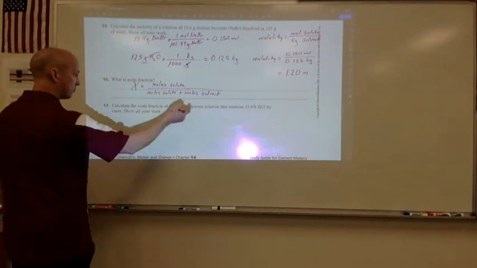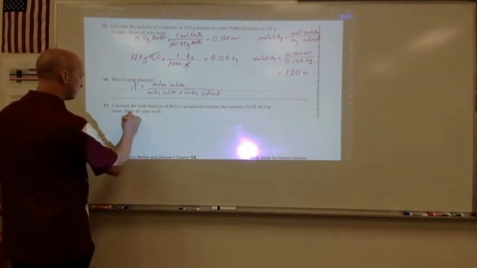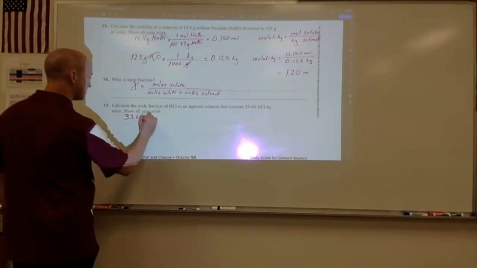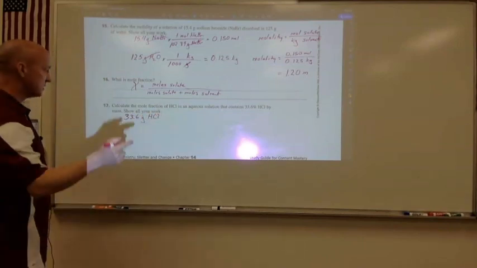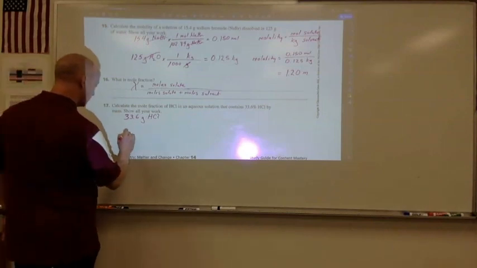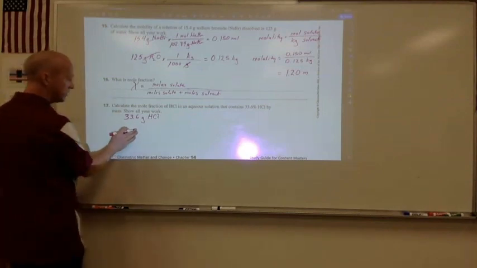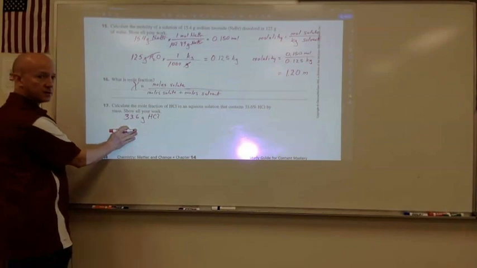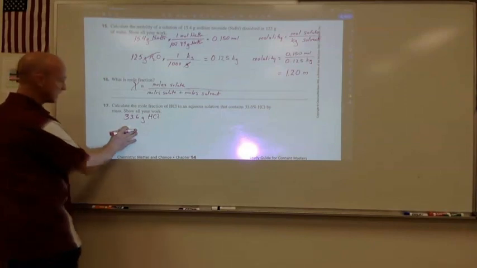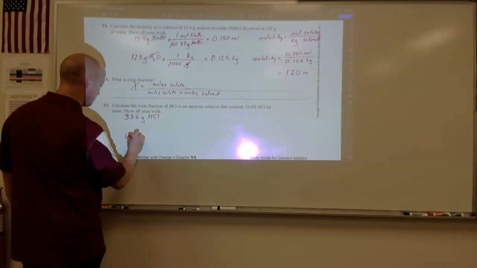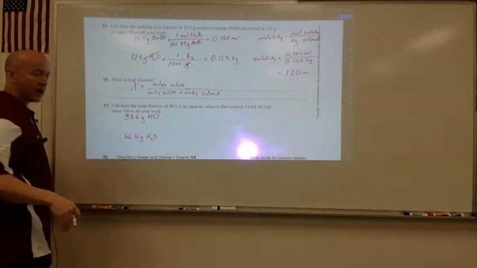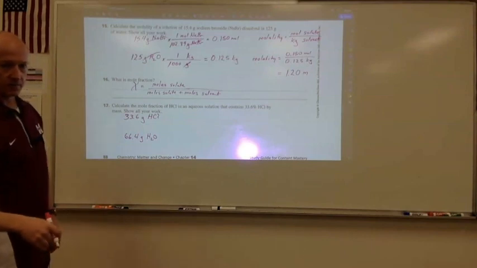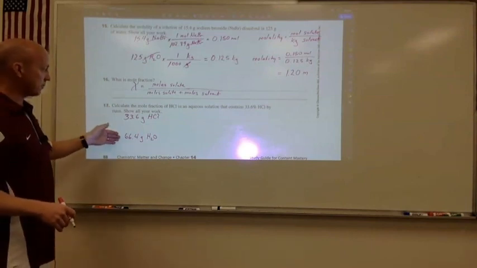So 33.6% means we have 33.6 grams of hydrogen chloride dissolved in, what's the rest? 100 minus 66.4, good. 66.4 grams of water. Again, the two of these combined add up to 100.